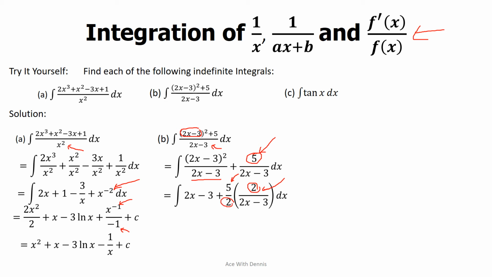Now it is in the form of f prime x over fx, and we can start to integrate one by one. 2x becomes x squared, minus 3 becomes negative 3x. And the integration of 5 over 2 times 2 over 2x minus 3 becomes 5 over 2 ln 2x minus 3 plus c.